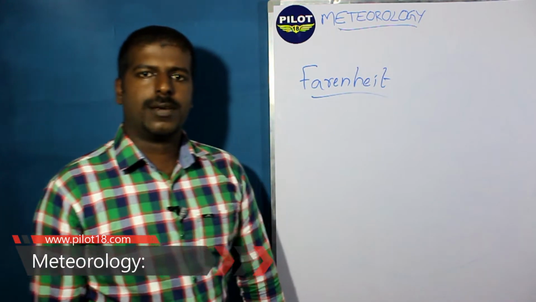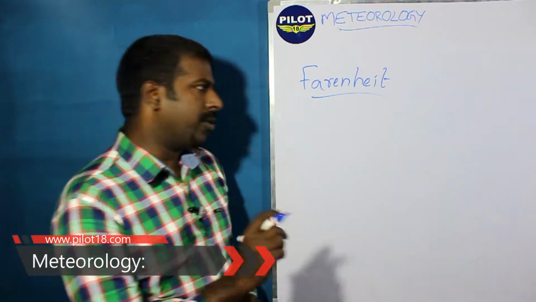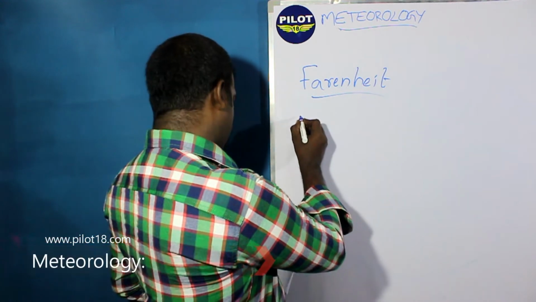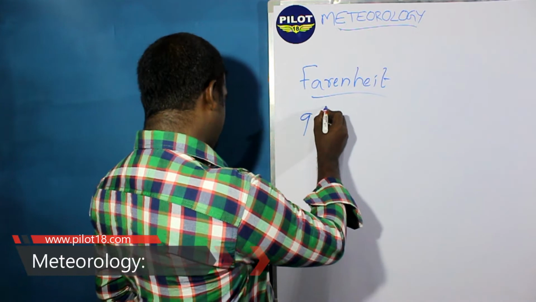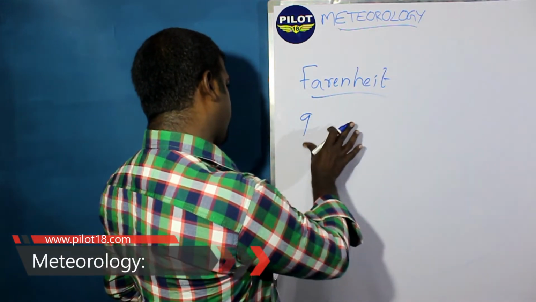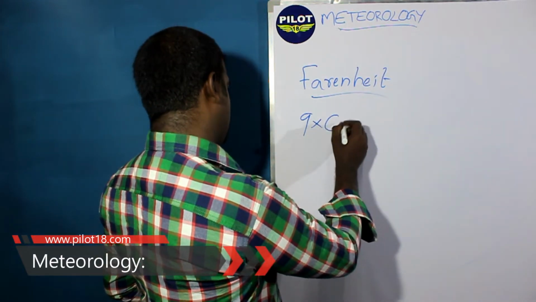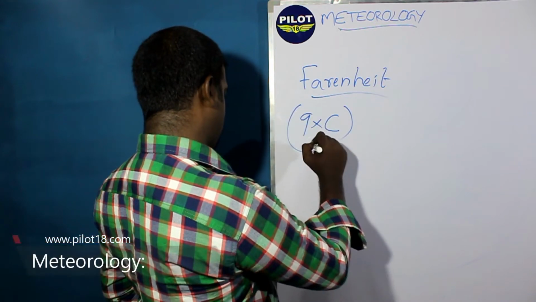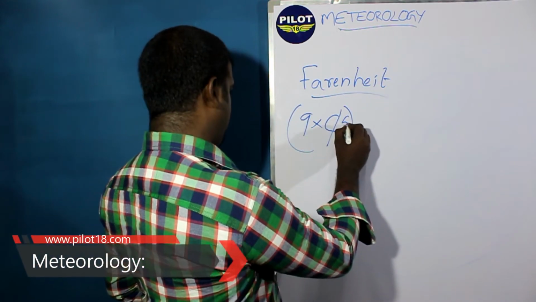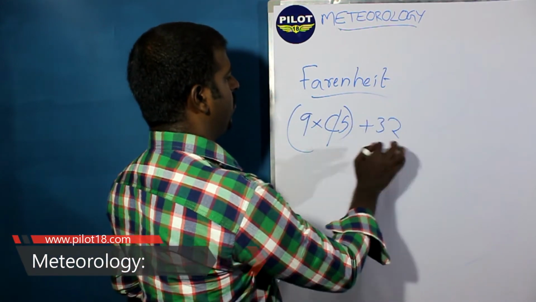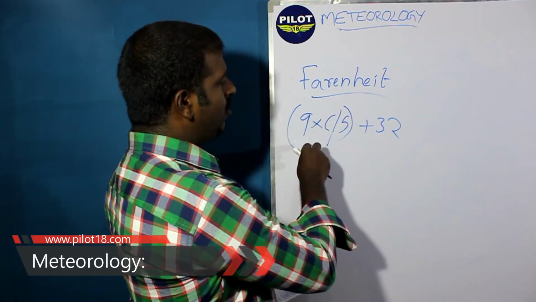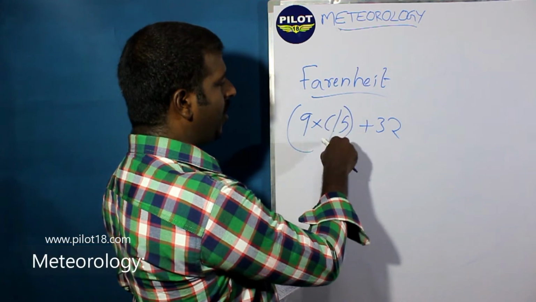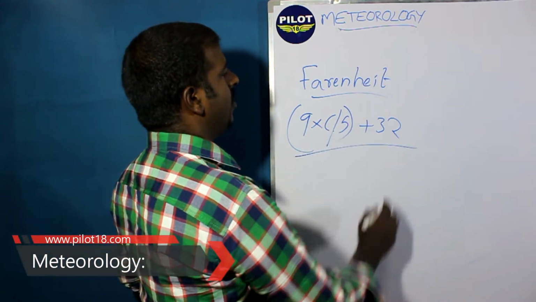Fahrenheit, what is that? It is another unit of temperature, and this you have to remember. And the formula to convert Celsius into Fahrenheit is F equals 9 into Celsius temperature by 5 plus 32.